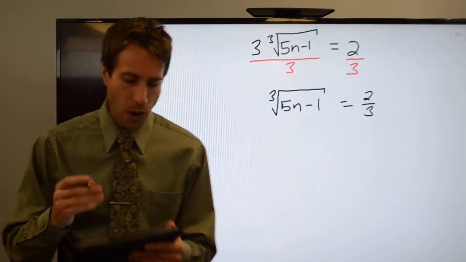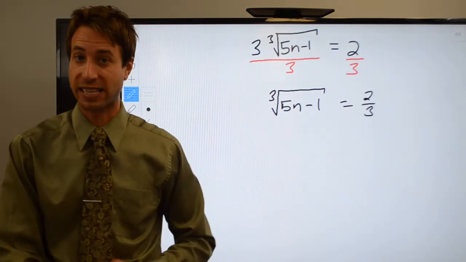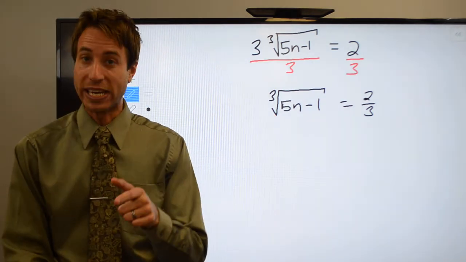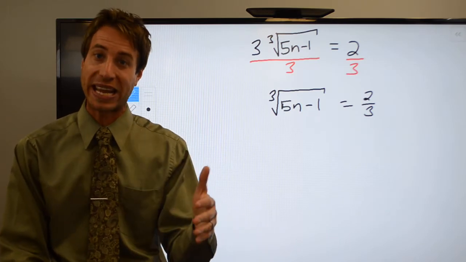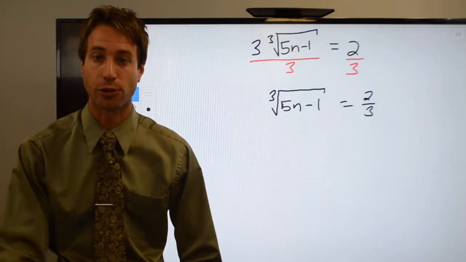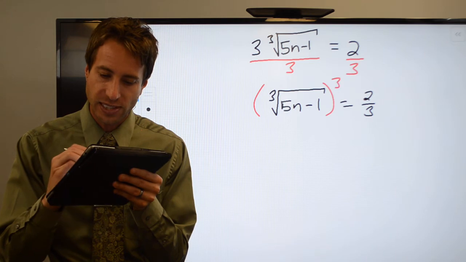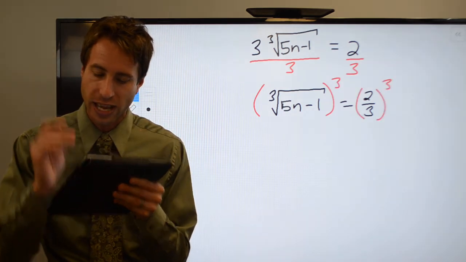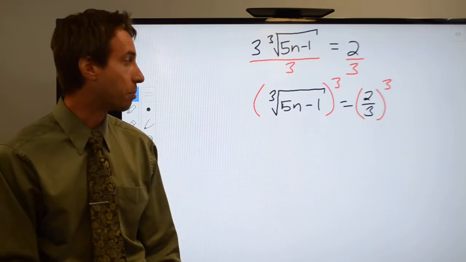Okay, great. Now I have my radical isolated on the left-hand side of the equal sign. We just talked about the fact that in order to get rid of the radical, you have to raise it to the same power that matches the index. My index is a 3, so we're going to cube both sides of this equation. And again, I cube both sides because algebra says whatever you do to one side, you have to do to both sides.